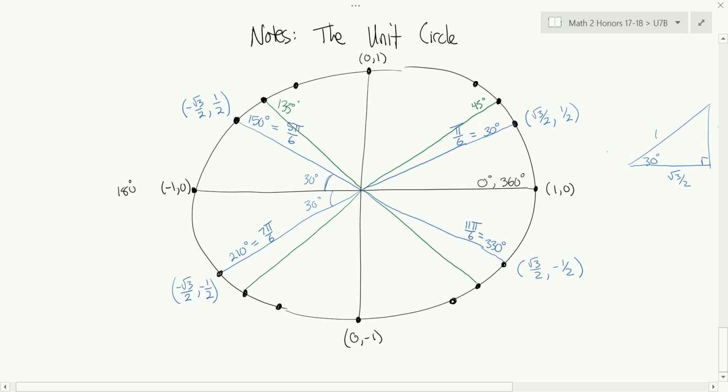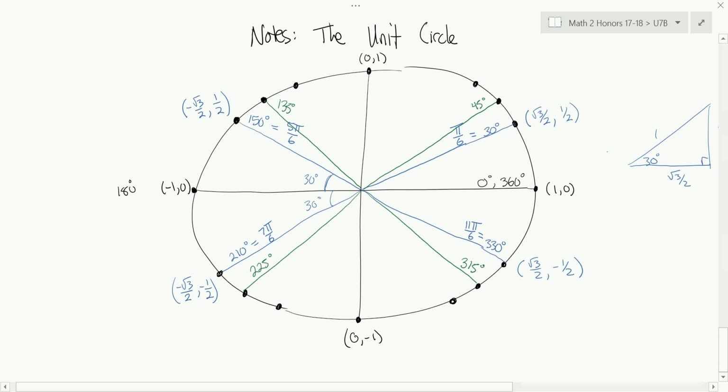And then if I want to go to the third quadrant, I add 45 to 180, which is 225. Good. And if I want it in the fourth quadrant, I got to subtract 45 from 360. 315 degrees.